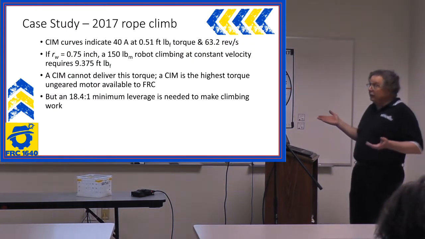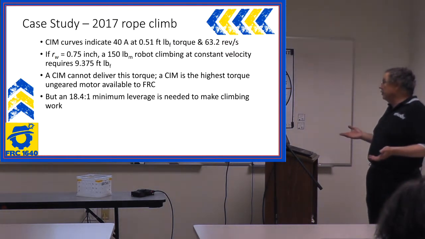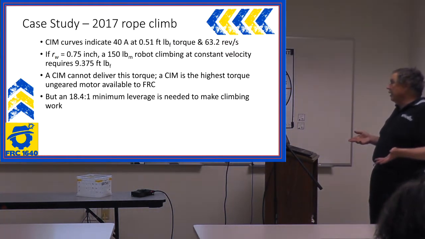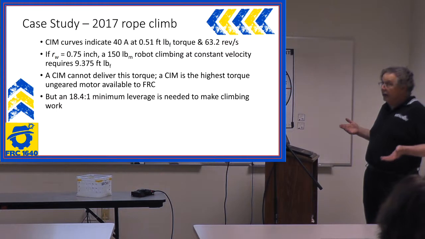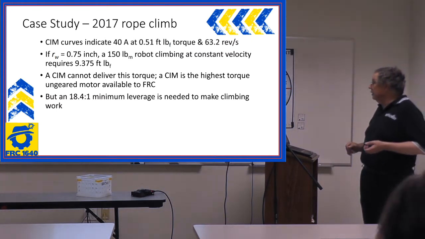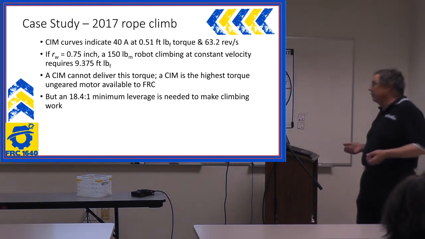So if I look at the curves, I come to some conclusions here. The sim curve indicates that at 40 amps, I only have around 0.5 foot-pounds of torque, although I've got a lot of rotational speed. I've got 63.2 revs per second. I certainly don't need that for climbing rope.